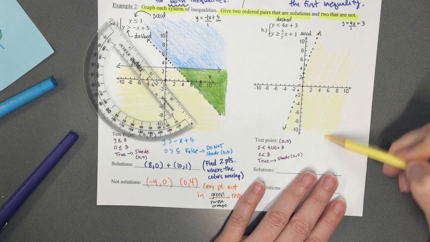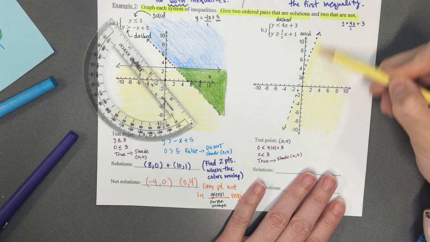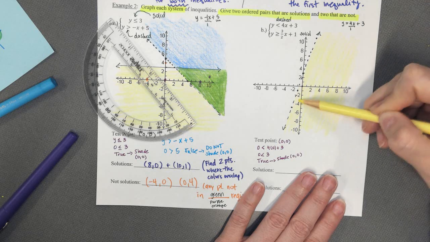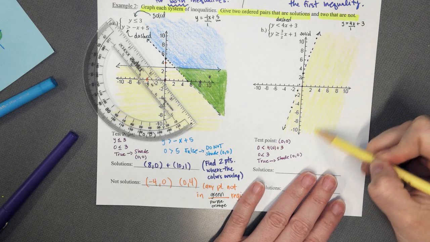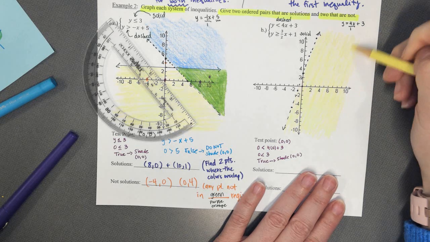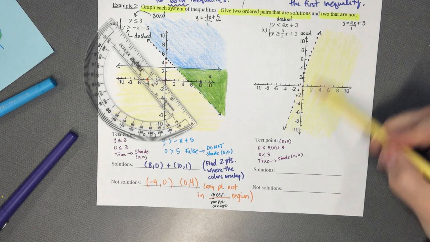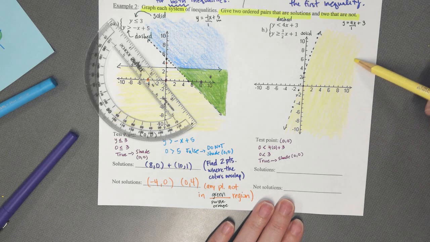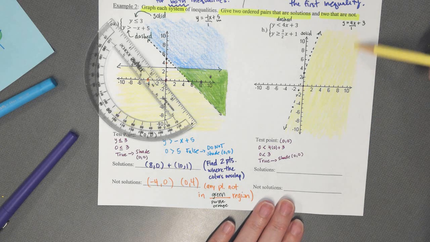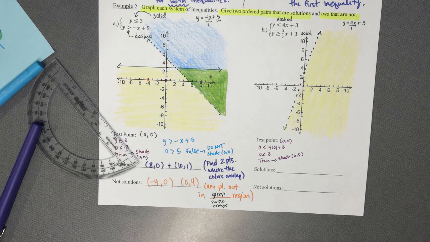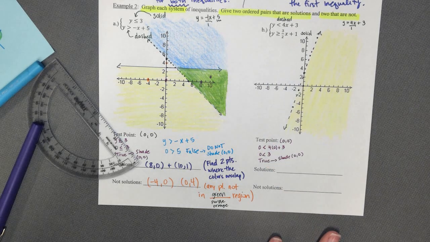The shading is representing all of the solutions that make that inequality true. Okay, and then when you're ready, we can graph the second one.